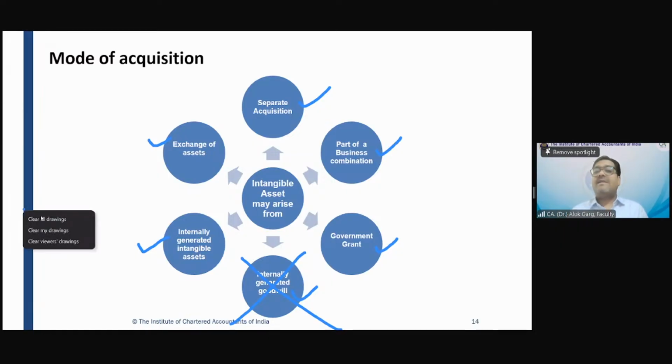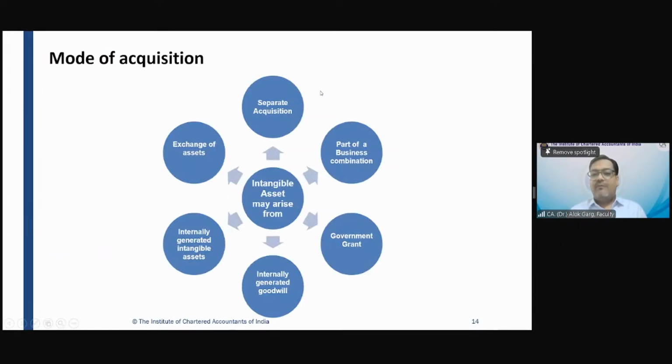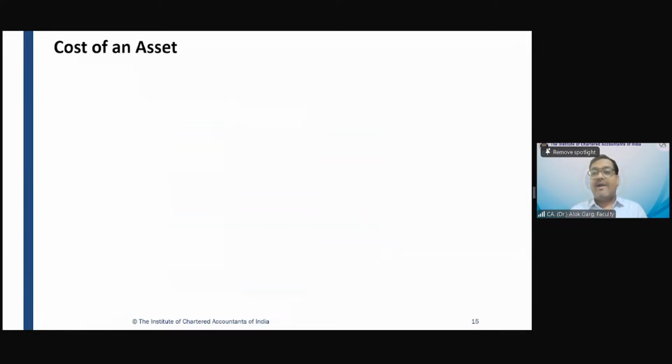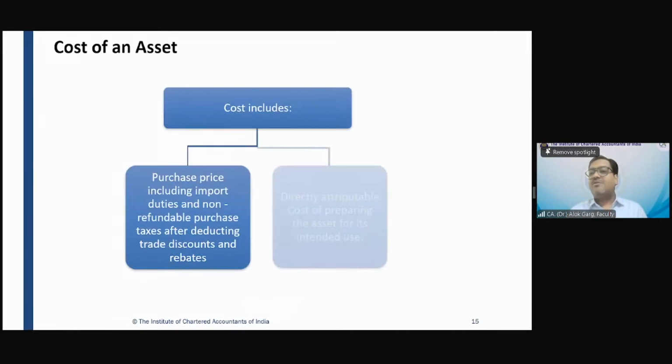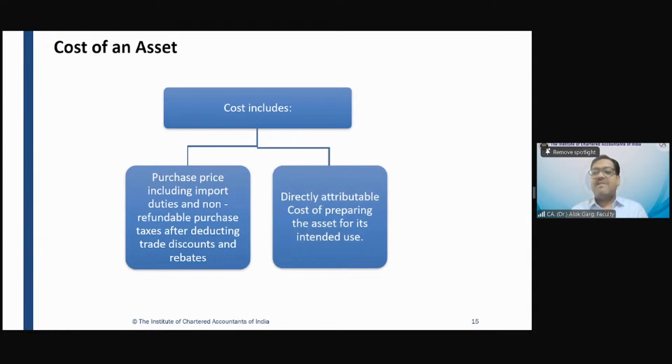When intangible asset has to be separately acquired, at what value is the intangible asset going to be measured? Cost includes purchase price plus import duty plus non-refundable taxes minus trade discount and rebates plus directly attributable cost, right?